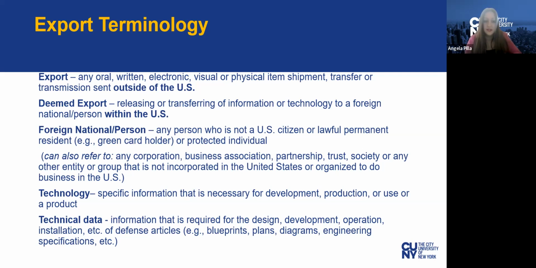They come from two different sets of regulations. Technology is the information that is necessary for developing or producing or even using a product, whereas technical data is the information that is required to design or develop defense articles. So they're somewhat similar, and we'll go over it a little bit later, the different regulations and how they apply.